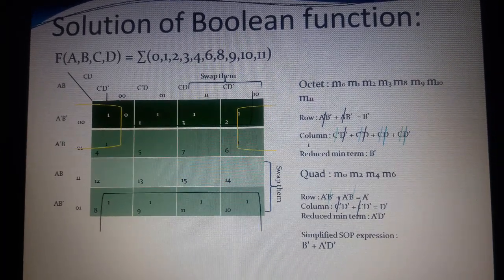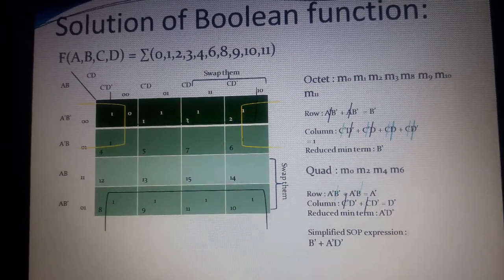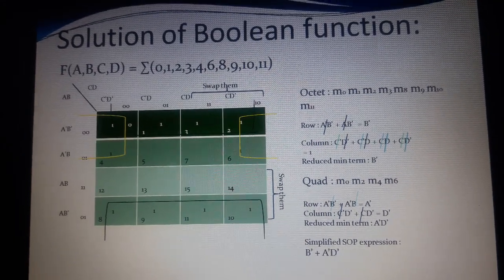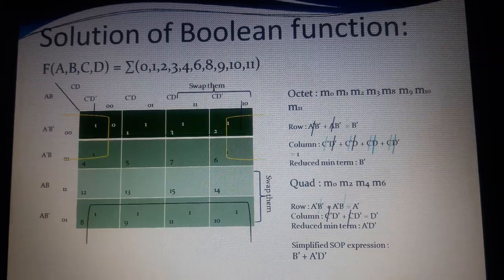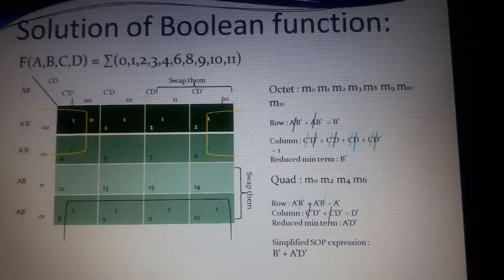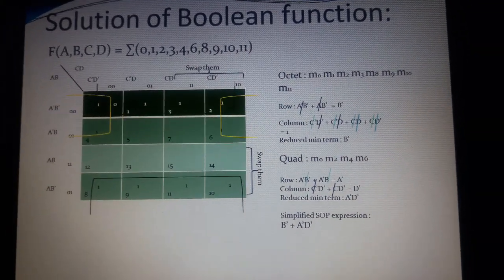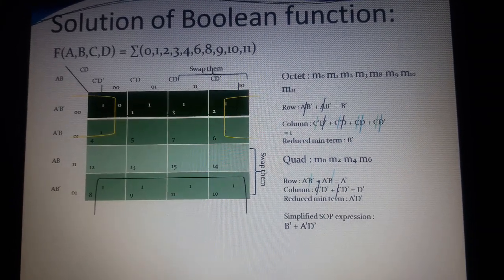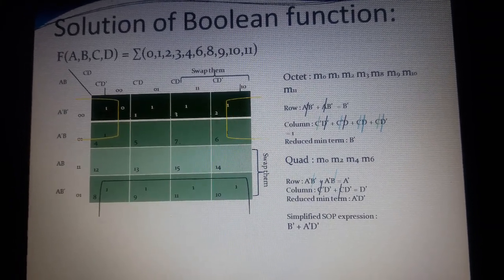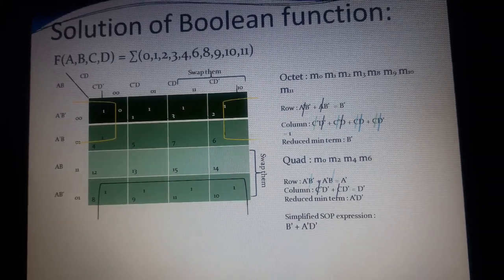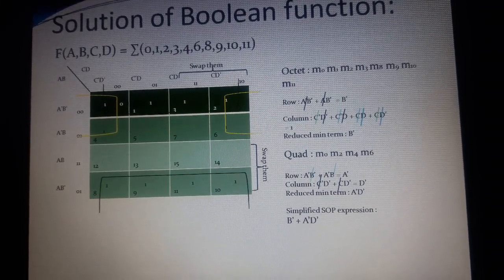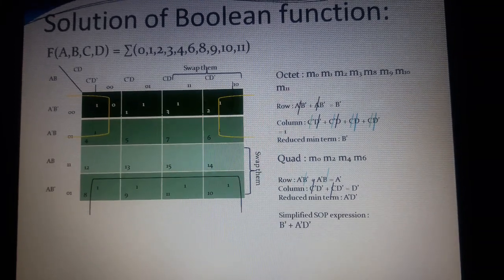See what we are having right now. Right now in this we are having one octet and one quad. One octet provides us B dash and the quad provides us A dash D dash. The combined SOP expression is B dash plus A dash D dash.